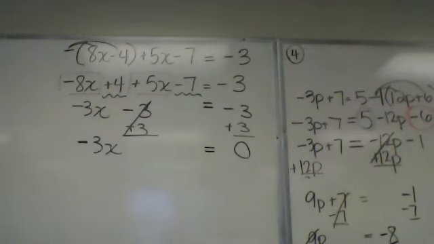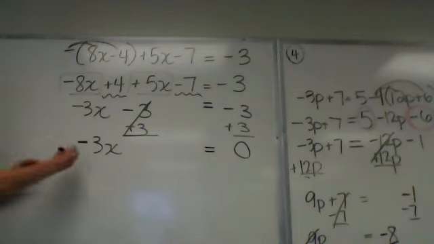Now, what is hooked on? -3. If it is hooked on, that is exactly what you divide by. You don't change its sign. You don't try to do anything fancy with it. Whatever is hooked on, it's not going to matter this time because I got a 0 over there, but most of the time this will matter.